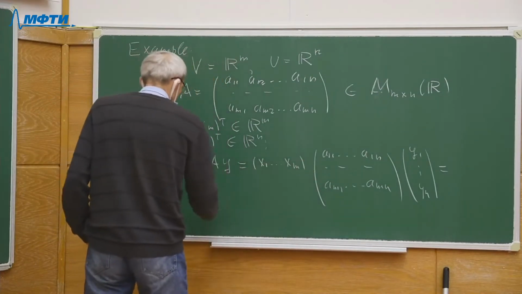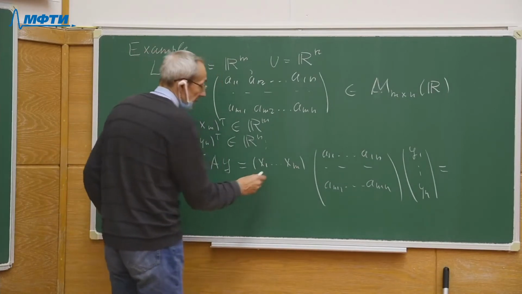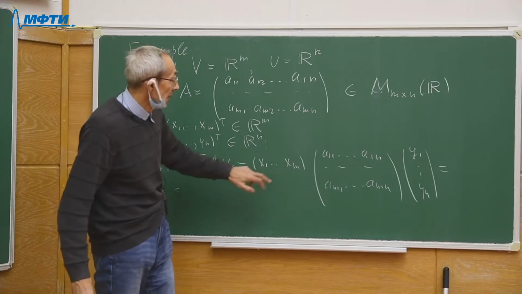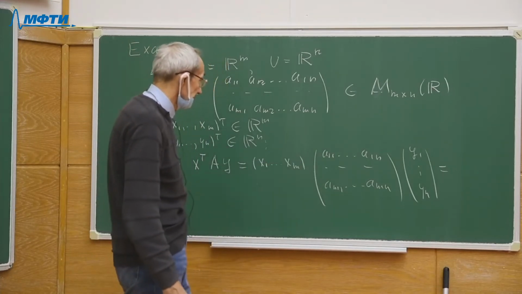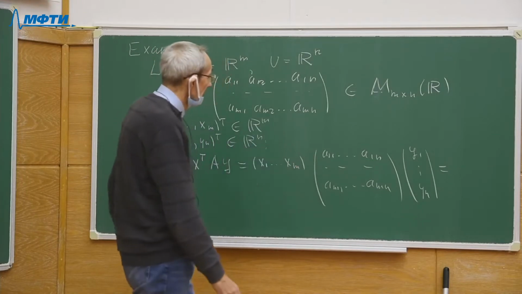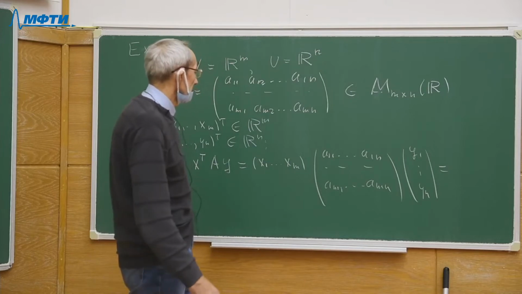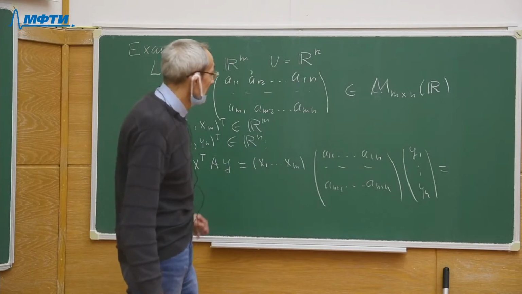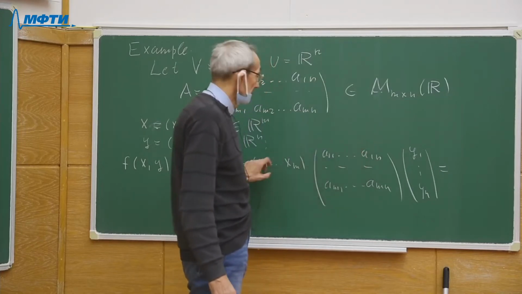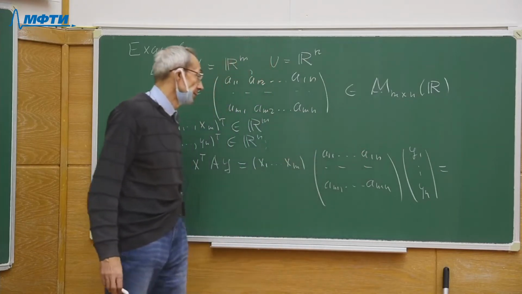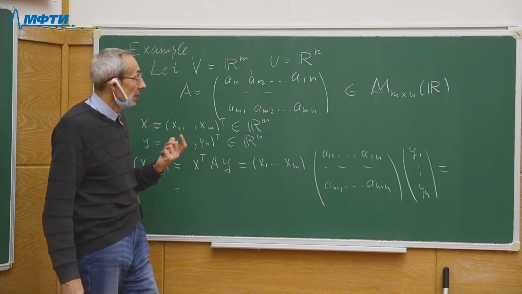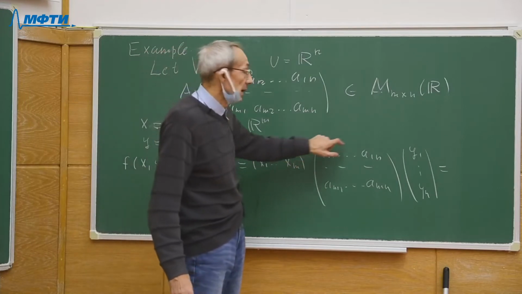We obtain the matrix product of the column vector and the matrix. As a result of such multiplication, we obtain a row vector. This product has one row and n columns.